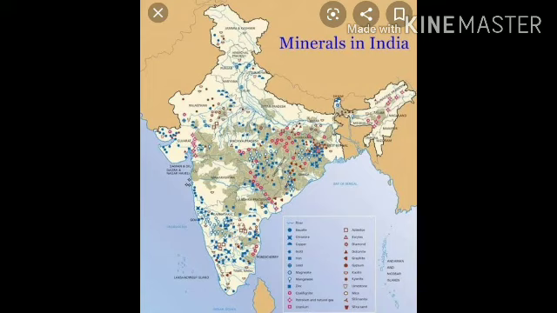Magnetite is the finest iron ore with a very high content of iron, up to 70%. Means in magnetite iron ores, the percentage of iron is 70.